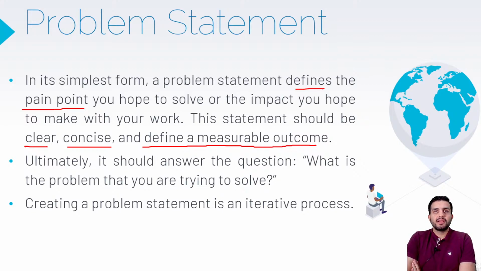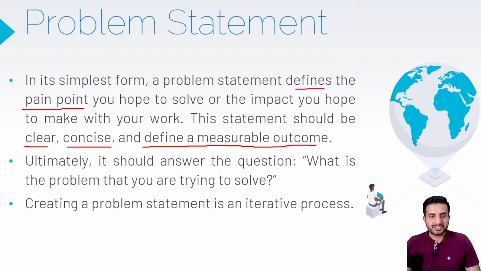And the problem statement which I define to address that pain point should be very clear. When I say clear, it should be understandable even by the layman. Anybody should be able to clearly understand. It's not only understood by the techie, the data science guys, but also should be clearly understood by every single person.